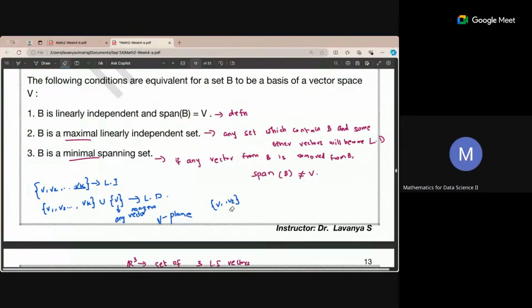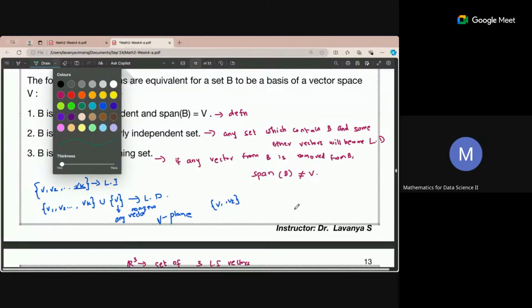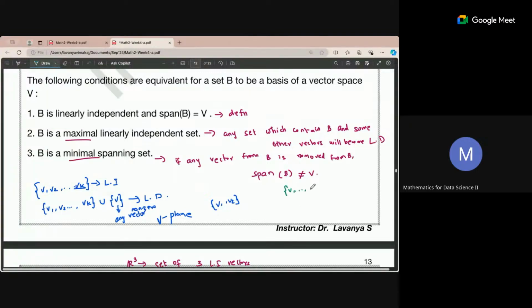The same thing they are saying about a minimal spanning set as well. Suppose you have V1, V2, up to Vk, and the span of this set is equal to V. Now suppose you remove any one vector from this, any Vi, where i is between 1 and k.